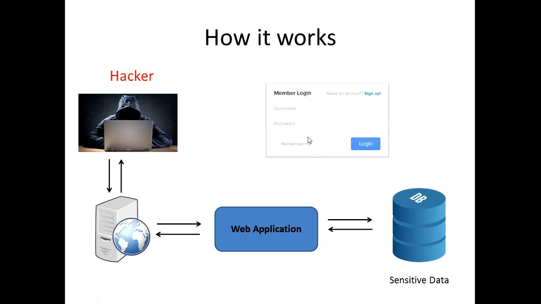So let's just say we have a web application. In this web application, there's a login page, and some type of way the hacker knows that this login page is going to be tied to this database. As you know, whenever you enter in your username and password, there has to be some type of functionality that ties that username and password to the database.